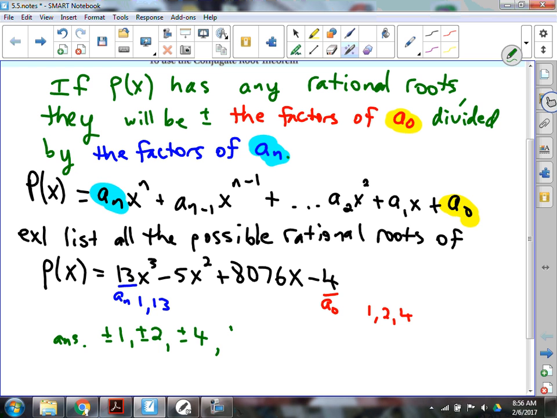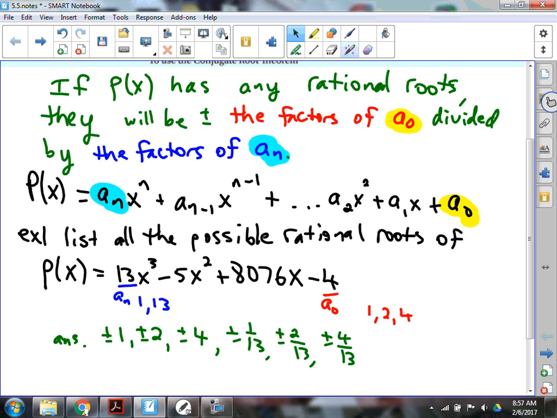So we'll have plus or minus what? 1/13. And then what? Plus or minus 2/13. And plus or minus 4/13. And that's it. That's it. Not bad, huh?